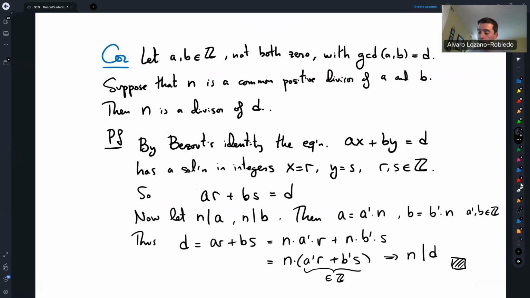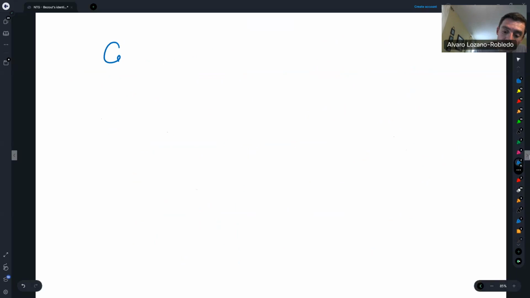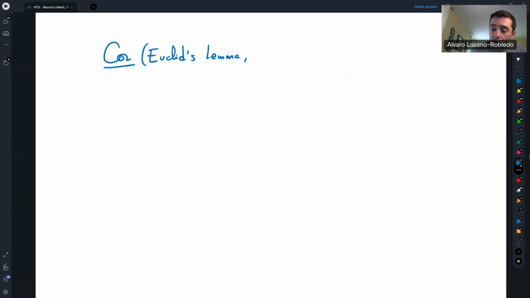And the other thing that is super important, which is going to be perhaps the most important theorem in all of our class. It's so important, it has a name, Euclid's lemma. It is the key to prove the fundamental theorem of arithmetic, unique factorization of integers into primes.